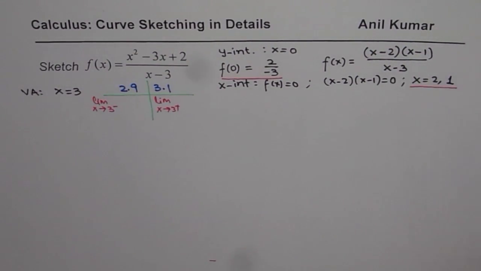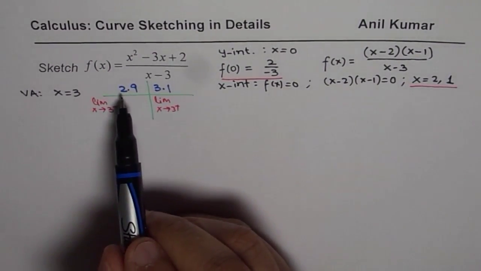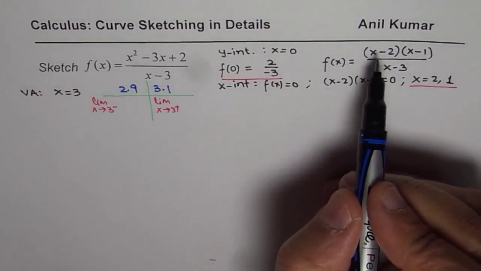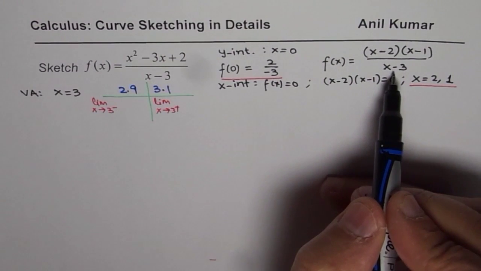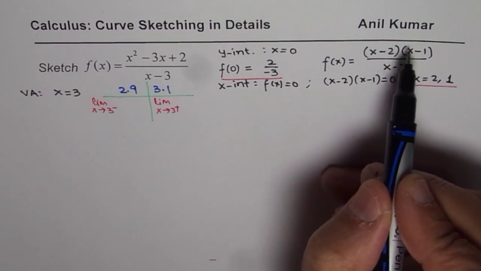When you substitute this value in the function, what do you get? If I substitute 2.9 here, then of course the denominator is very small, and dividing by a small number gives you a large number.